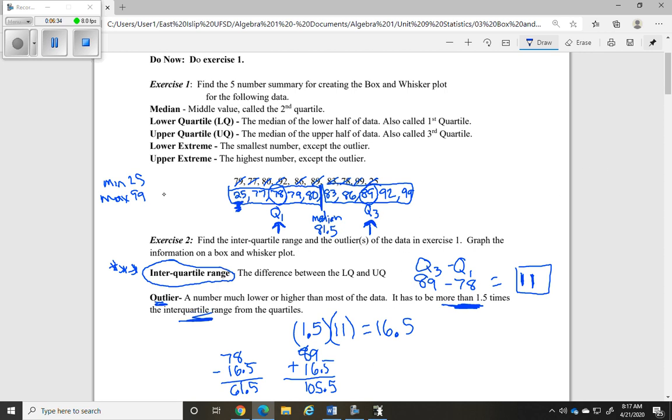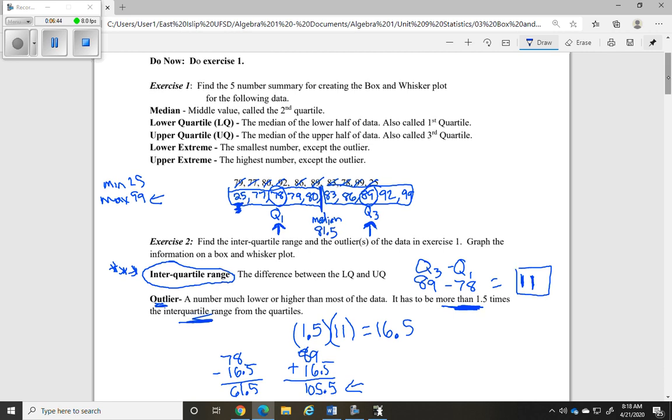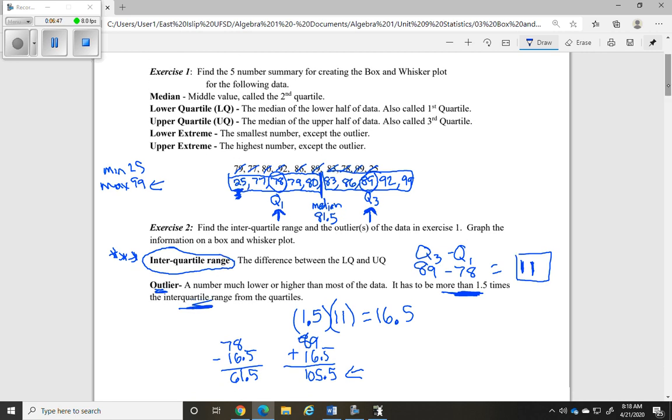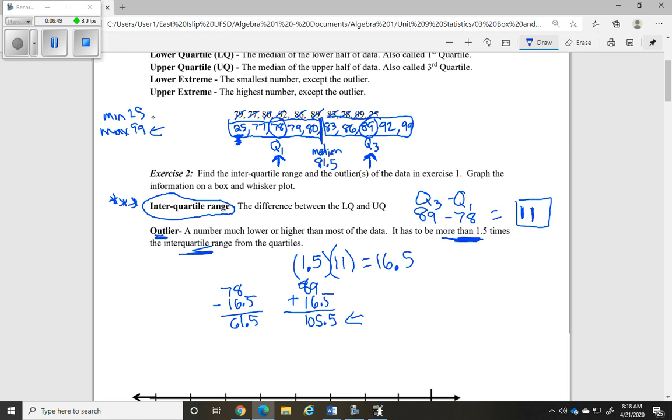So our max number we said was 99, and it's within this highest range. So 99 is not an outlier. The lowest the number is allowed to go is 61.5 before it's considered an outlier. So 25 definitely is an outlier because it's way lower than 61.5.